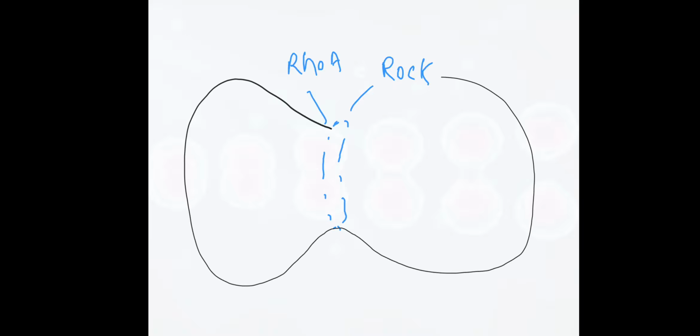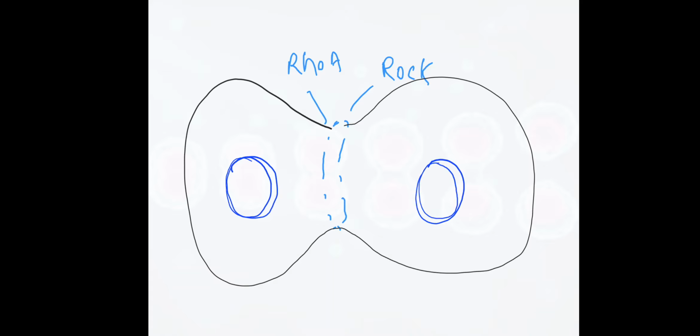Now what happens in late telophase is that the contraction begins. The contraction of the contractile ring begins with the help of RhoA and ROCK. Now the cell will contract at the middle and the nucleus forms.